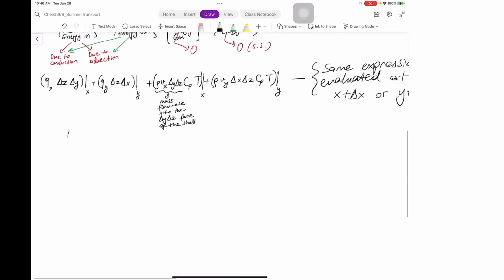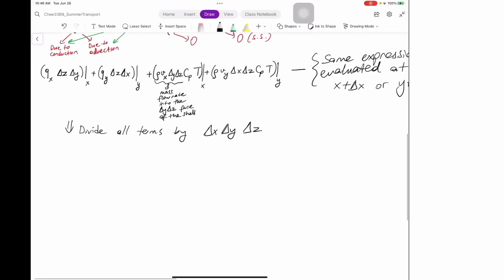And then let's divide as we did before. Divide all terms by delta x, delta y, delta z.